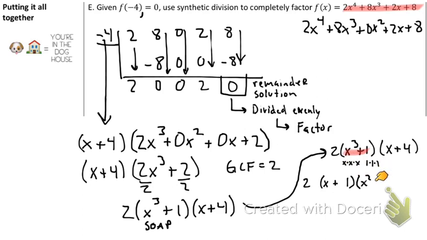O stands for opposite sign, so that's now minus. Then first times last, which is just x. Then last squared, which is always positive, so 1 squared is 1. Then we bring down x plus 4.